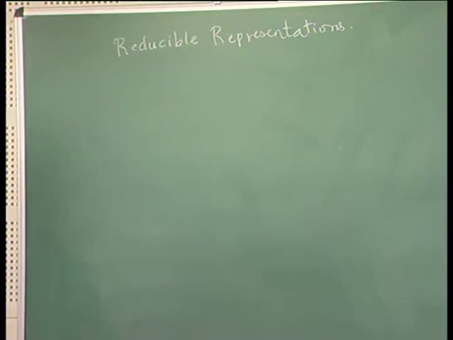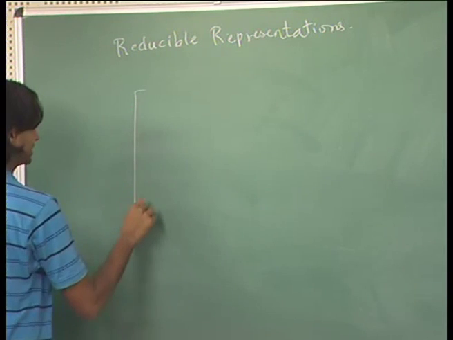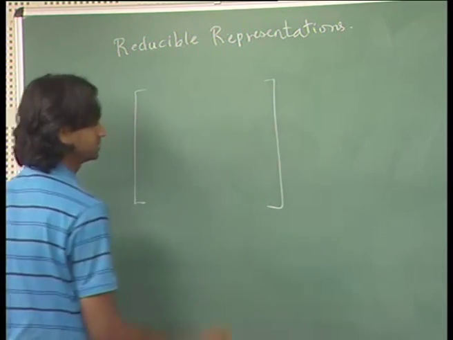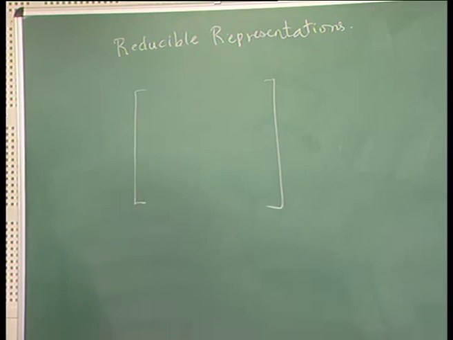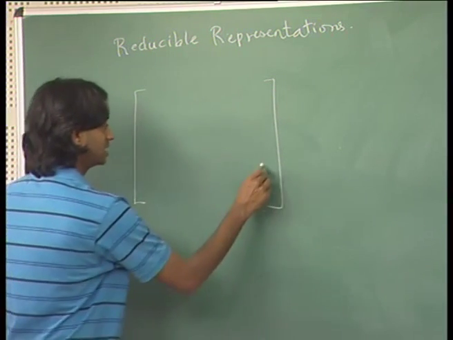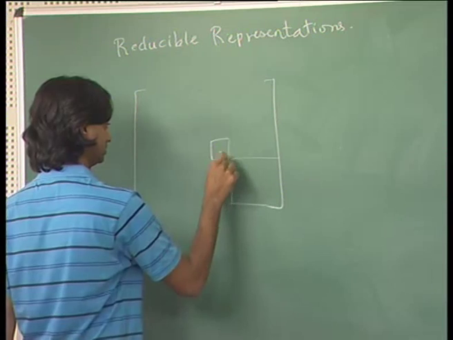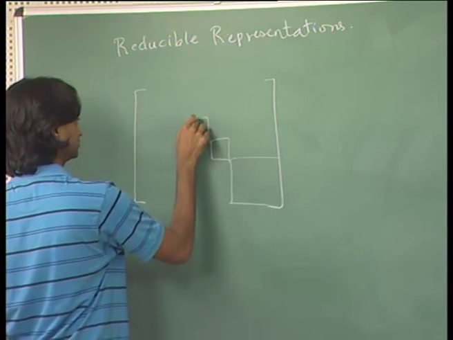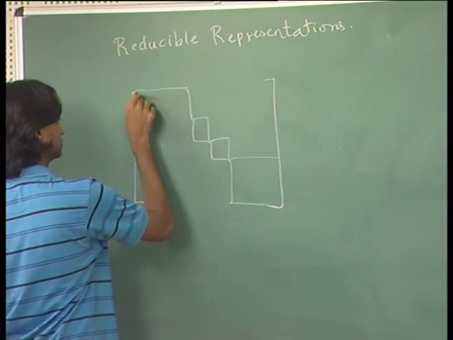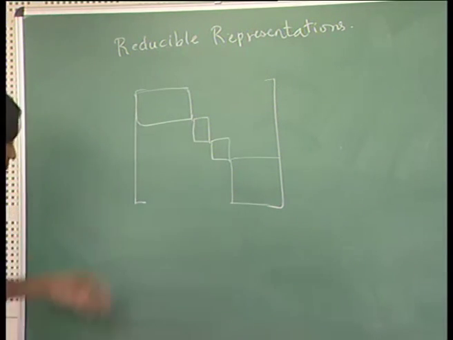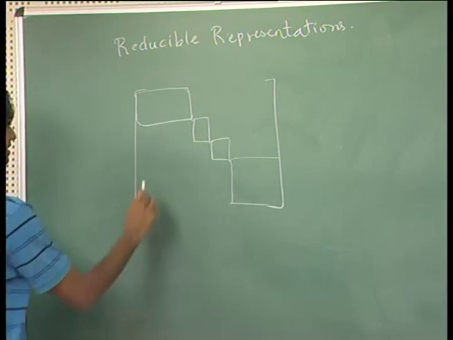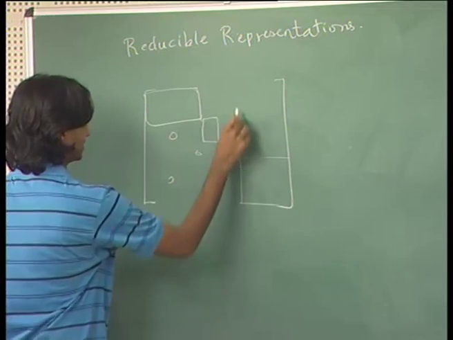If a representation is reducible, then the matrix corresponding to that representation factors into various other matrices, and then you will have 0 everywhere else.